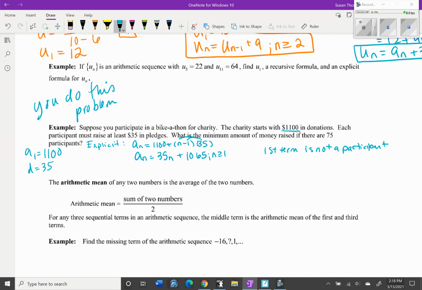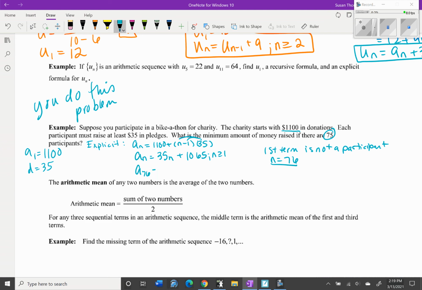So you need to add 75 plus that 1. That means you're going to find n equals 76, because again, since the number of donations is 1,100, that doesn't count as a person. So 75 is the number of participants plus that 1, which gives us 76.